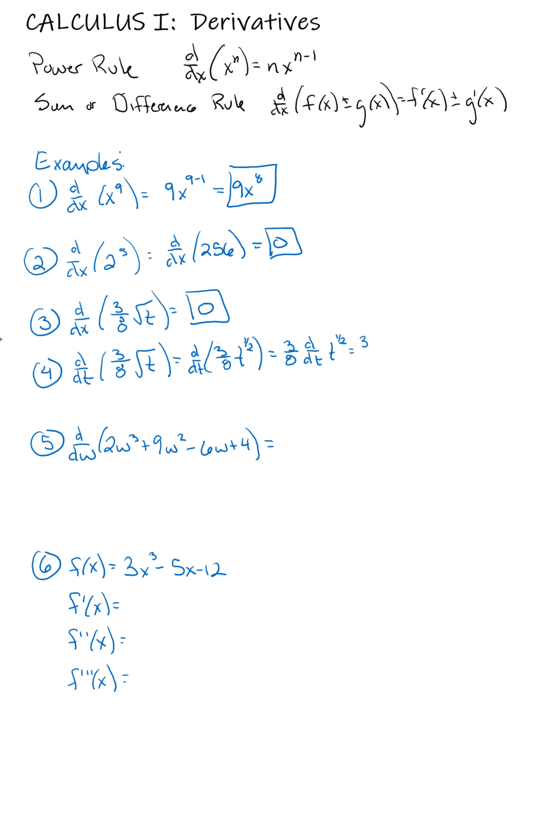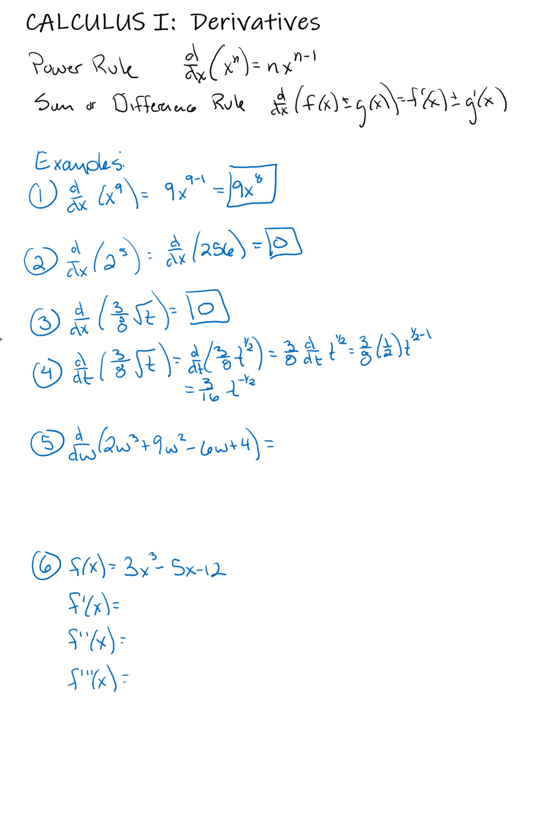Taking that derivative, here we go. I don't need to write the derivative notation. I take the 1/2, write that there in the front, and then t raised to the 1/2 minus 1. So that gives us 3/16 times t to the negative 1/2.